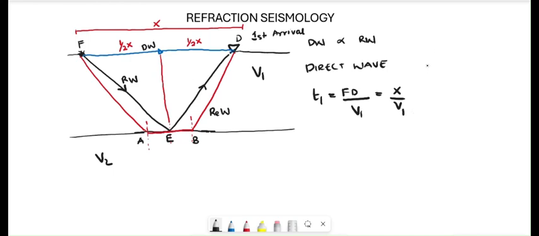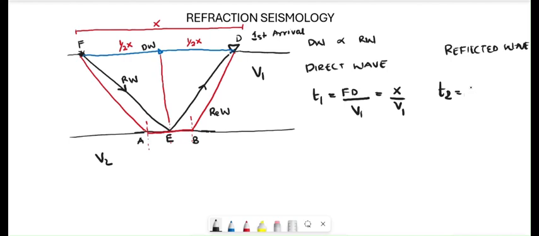Now, let's look at the reflected wave. Let's say the time that wave gets to the geophone is T2. You get it? Now, what will it be?